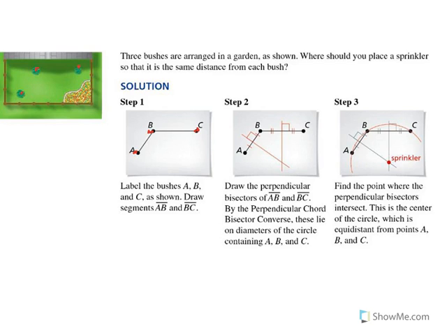So what we need to do is figure out where halfway between is. Okay, and then we're going to draw perpendicular bisectors. So you want that to be perpendicular-ish. Okay, and there, where those 2 lines meet, is where you'd want to put your sprinkler.